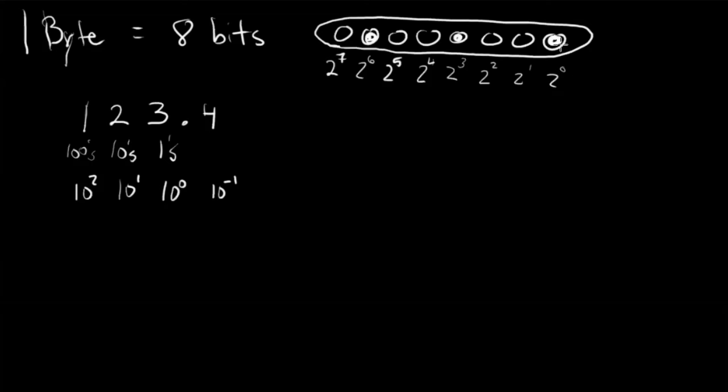And so that means that this spot represents the number 1, 2, 4. This would be 8. And notice it's really just multiplying by 2 each time. So 1, 2, 4, 8. This would be 16, 32, 64, and 128.